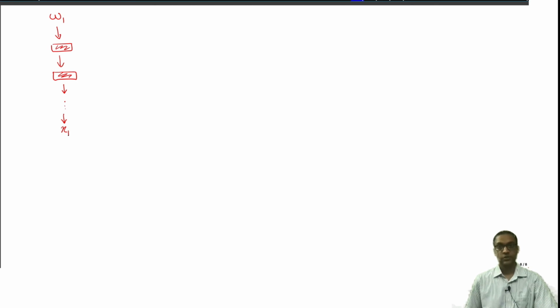Okay, this is what it means to say w1 and x1 are equivalent to each other. Similarly, I have w2 and x2. So I can start at w2, I can follow my rules successively till I reach x2. Okay, so that's what the definition says.